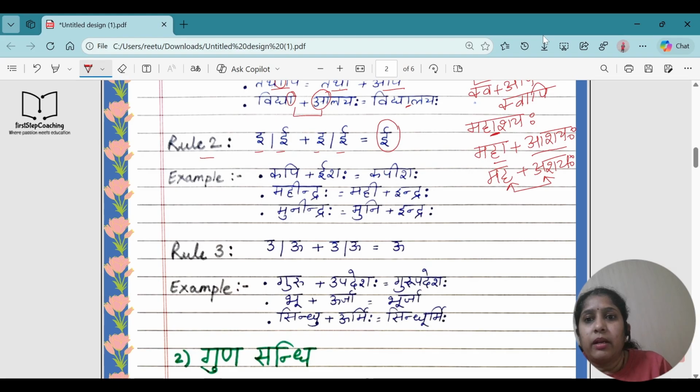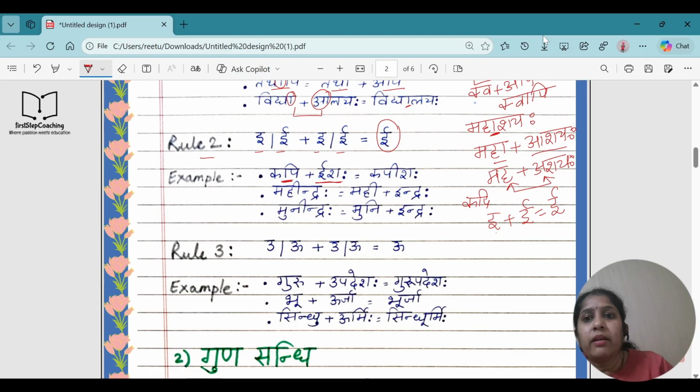If you see the example here, it is chhota i. Kapi, if you are seeing, is ending with the chhota i, and the second word Ishah is starting with bada i. So this is satisfying our rule of dirgh sandhi. When the first word is ending with chhoti i and the second word is starting with chhoti i or badi i, it will become badi i.